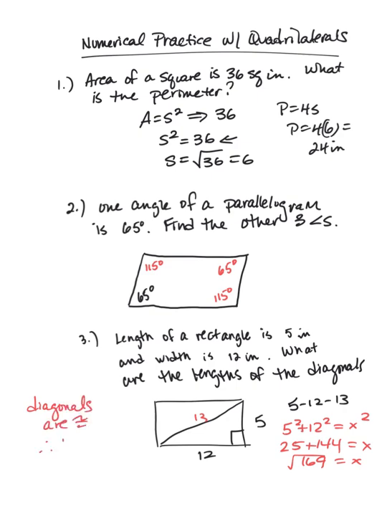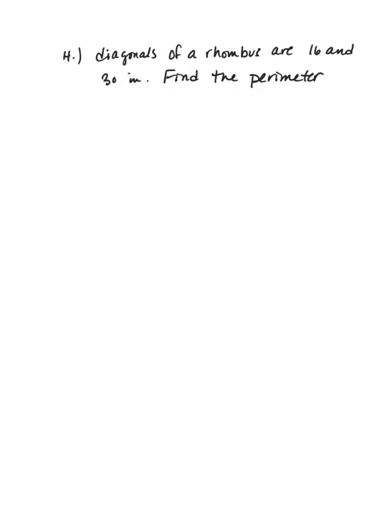Therefore, they are both 13 inches. Okay, pause and copy down the next problem. The diagonals of a rhombus are 16 and 30. Find the perimeter.